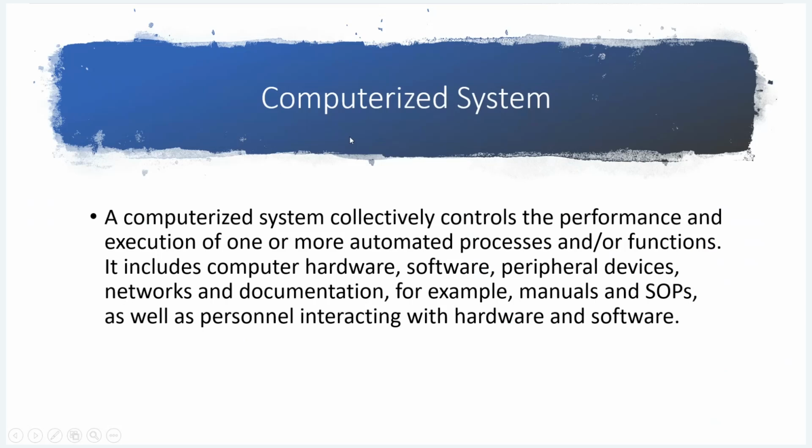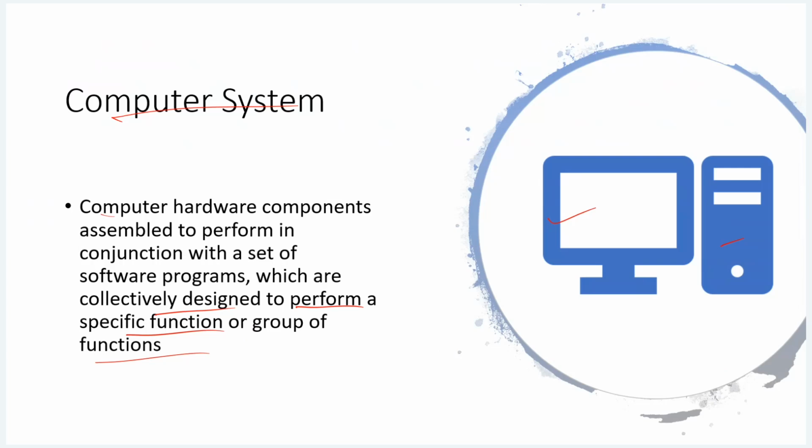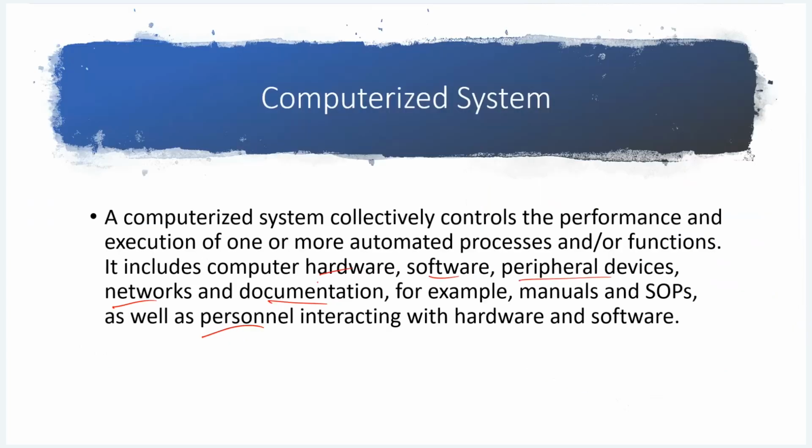But what exactly are computerized systems? A computerized system includes your hardware, your software, the peripheral devices, the network, the documentation, as well as the person. It means the person who is operating the computer system is also a part of the computerized system. So a computer system includes only two things, hardware and software, while a computerized system includes hardware, software, plus peripheral devices. Peripheral devices in the sense of sensors or devices connected to your system.